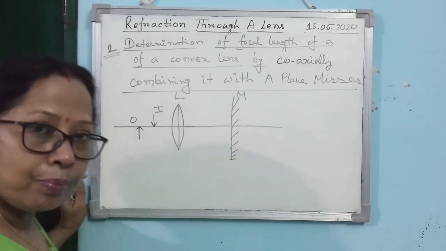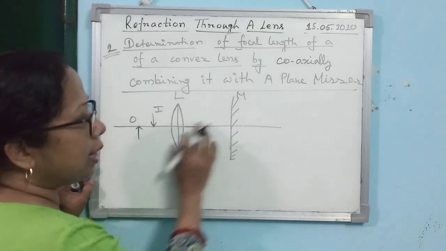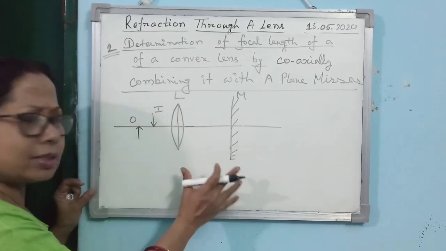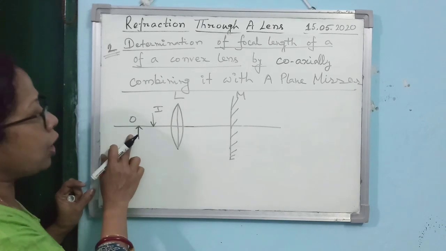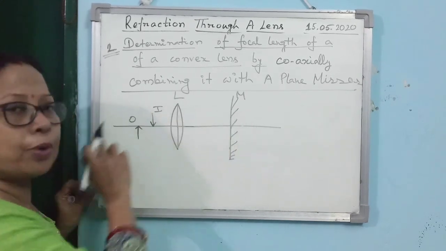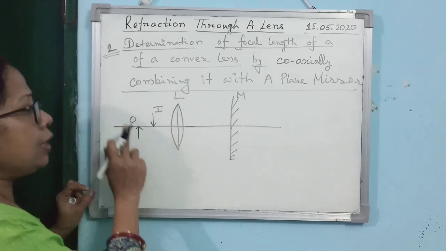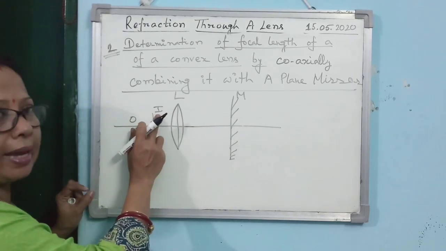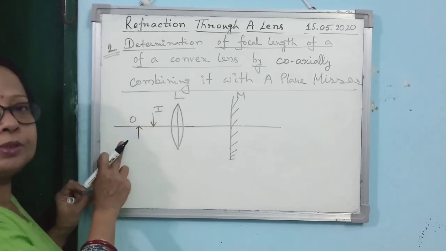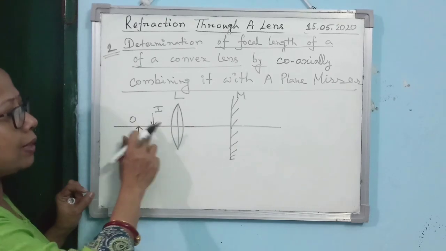Is that clear? First of all, you keep the lens and mirror at a certain distance, any distance you can take, then keep the object near the lens, and you will observe that an image is produced. But you may not get the image at the same position as the object. When I draw, the object is here and the image is here.